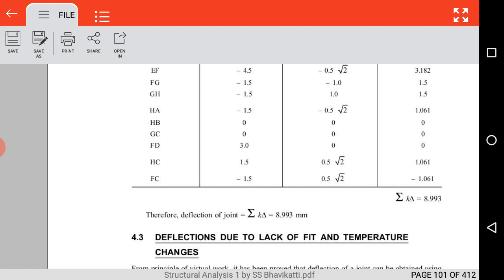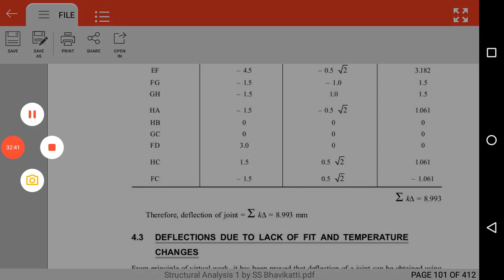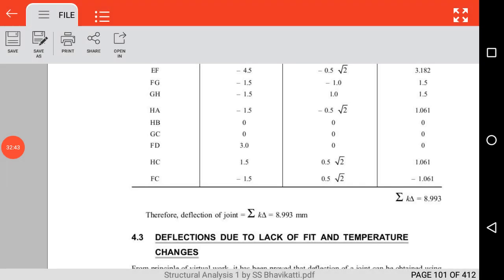If the forces are tensile, then it is taken as positive. If the forces are compressive, then it is taken as negative. So please practice the calculations and solve the problems. In the next video, we go for the deflection due to lack of fit and temperature changes.